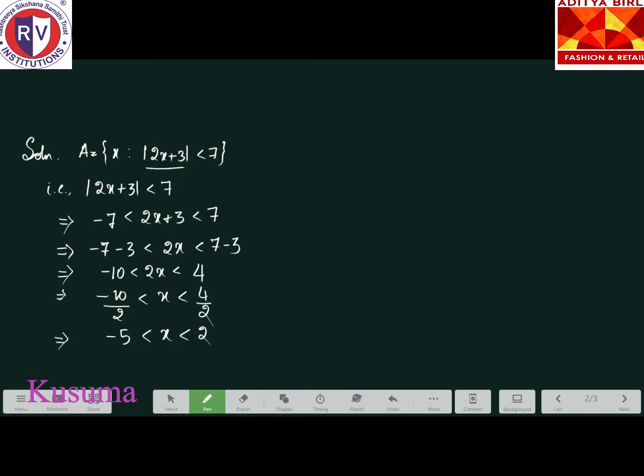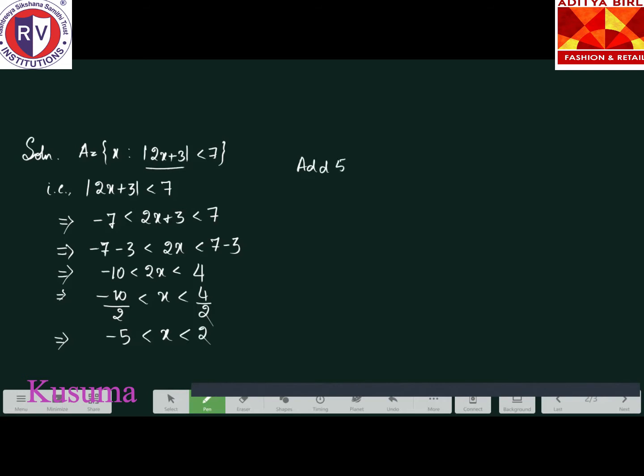What happens if we add 5 to the entire inequality? Let us add 5. That is, this will become minus 5 plus 5 less than x plus 5 less than 2 plus 5.